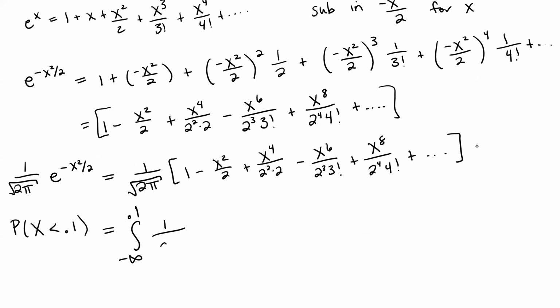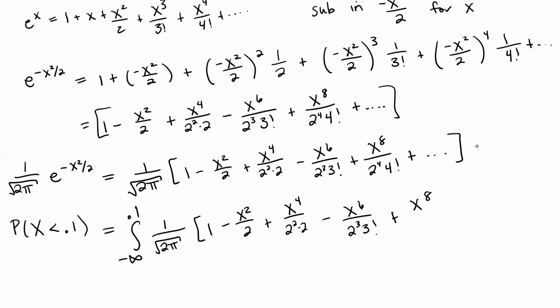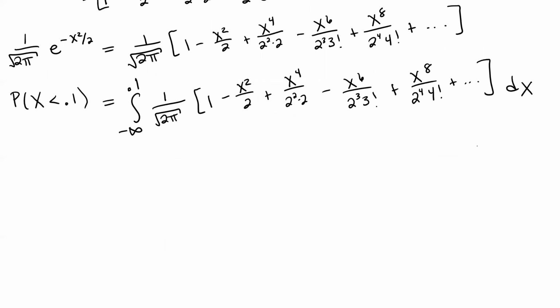And our integrand is 1 over the square root of 2 pi, and then we have 1 minus x squared over 2 plus x to the 4 over 2 squared times 2 minus x to the 6th over 2 cubed times 3 factorial plus x to the 8 over 2 to the 4 times 4 factorial, and so on. All right, so going ahead and doing this integration, we get 1 over the square root of 2 pi.